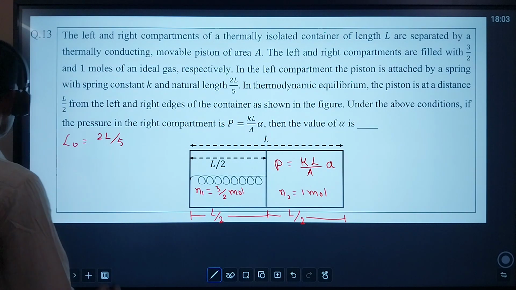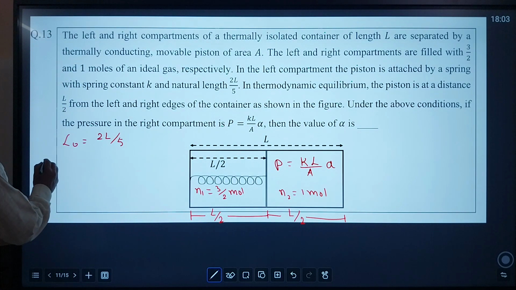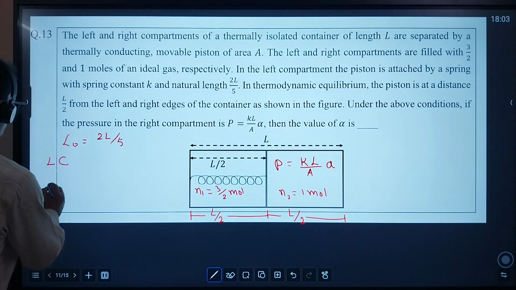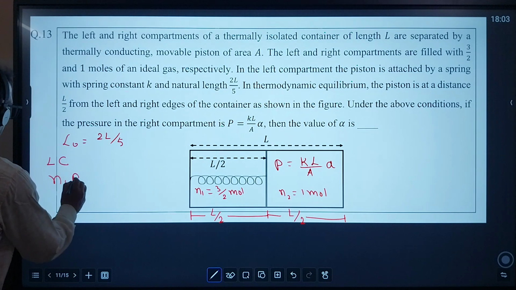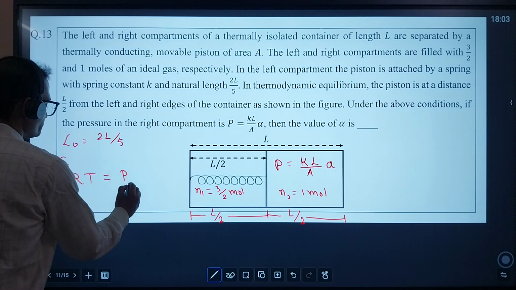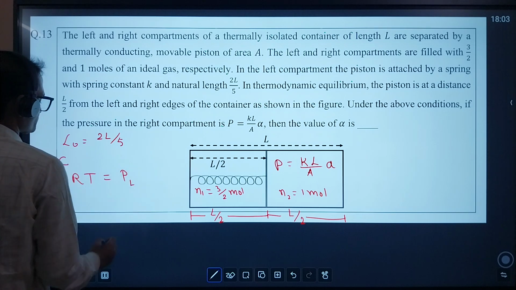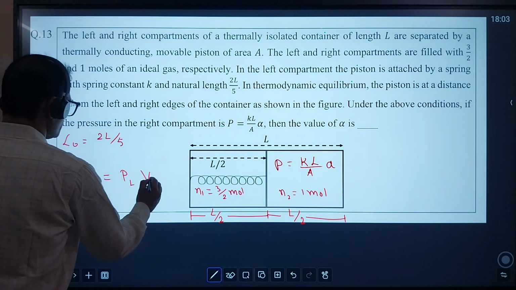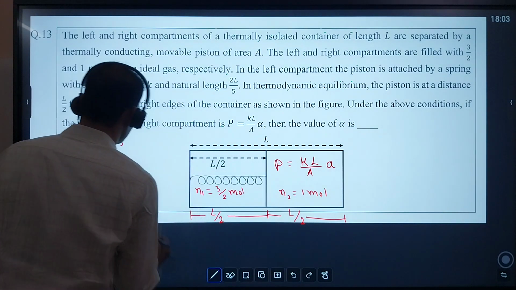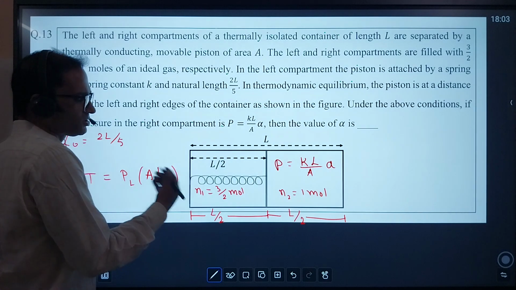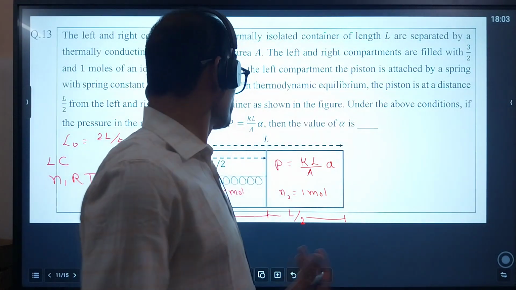So for the left compartment, LC means left compartment, N1 RT is equal to PL V. For V I will write A L by 2, because volume is given in terms of area and length.